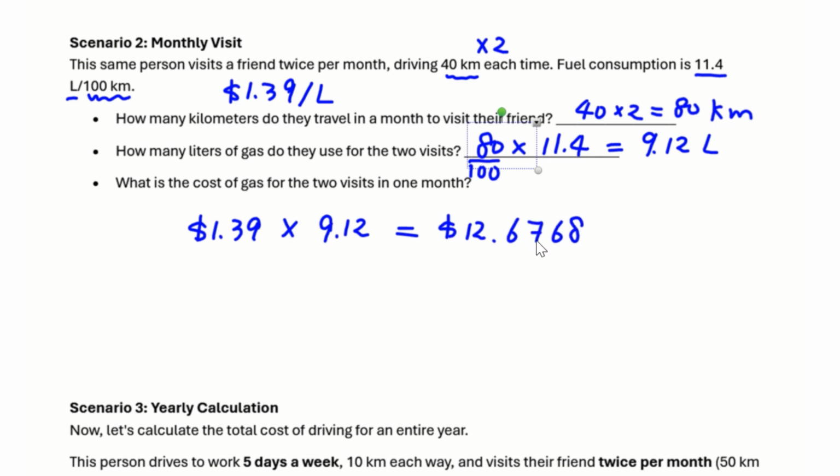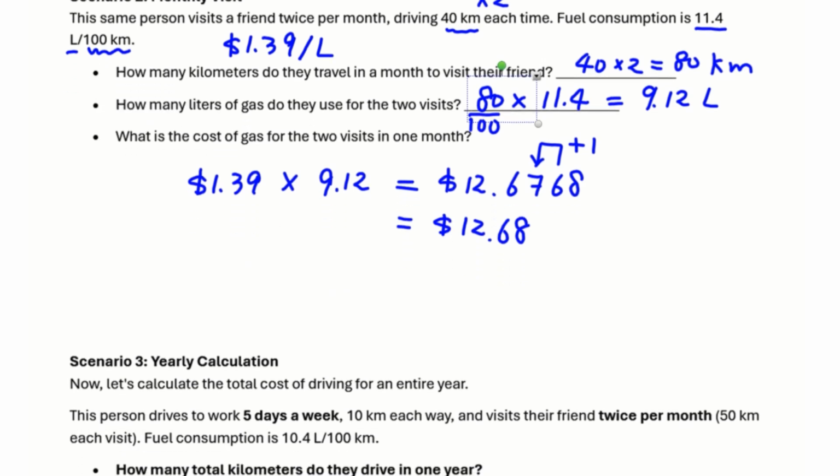We want to keep 2 decimal places, then we look at the next digit, is 6, is above 5, we round it up, it's plus 1, so we have $12.68. So this is how we, from the kilometers traveled, find the liters of gas used. Then from the liters of gas, using the unit price, we have the total cost.